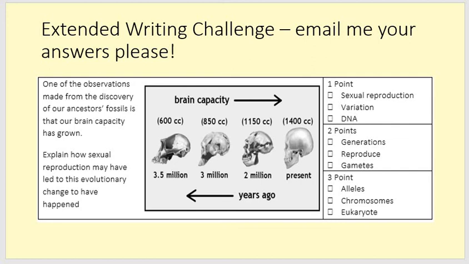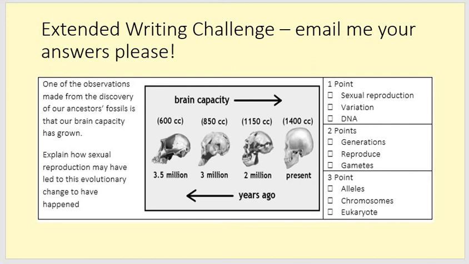Now, on the right hand side, you have got 9 words to try and use in your answer. The top box, sexual reproduction, variation, DNA, are each worth 1 point. So if you use all 3 of those, you will get 3 points. The second box, the words are worth 2 points each.